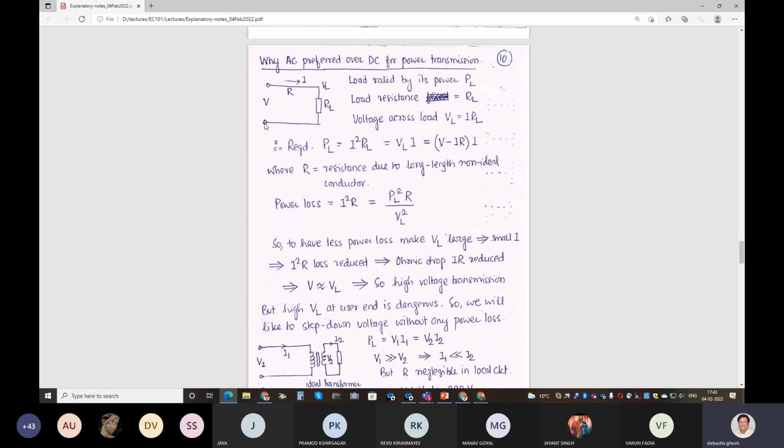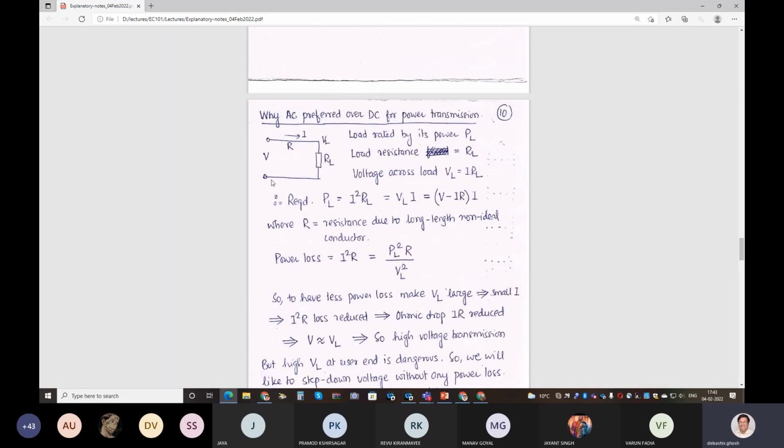Current source is used only in special cases where it is required; it's not that in general at home we use it. At home or in industry, mostly what we use is a constant voltage source. So we consider a constant voltage source, and there is some load RL connected somewhere, which I have to run.